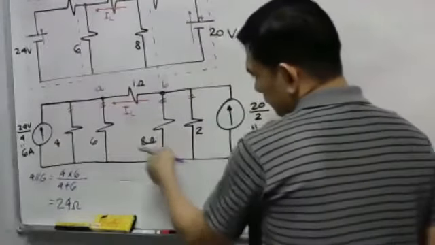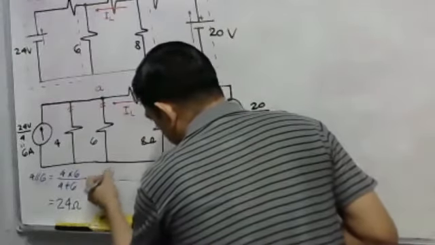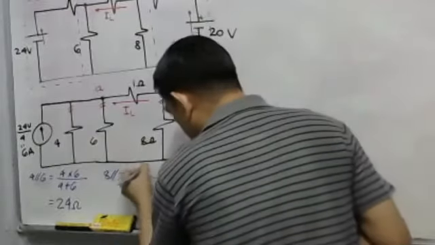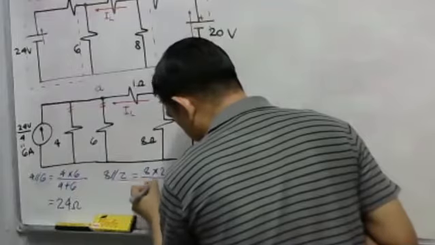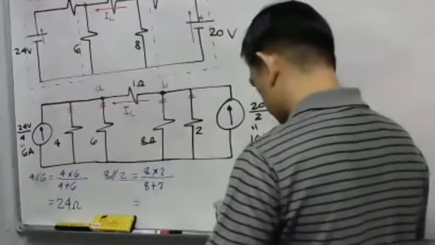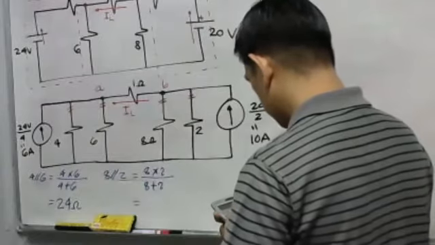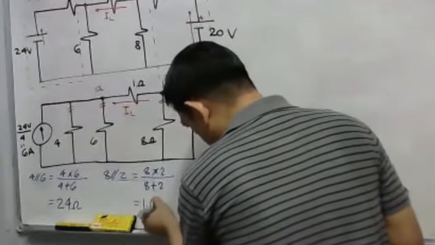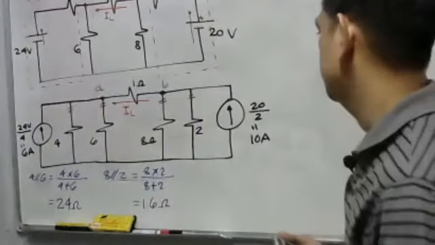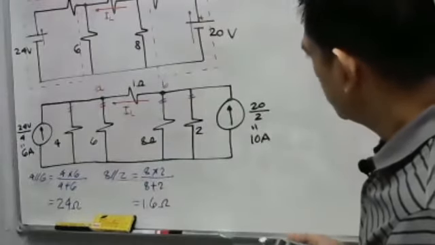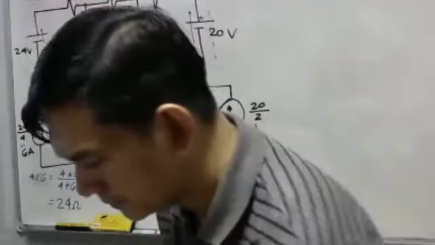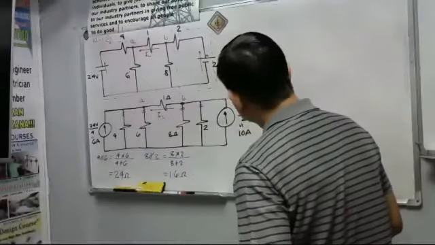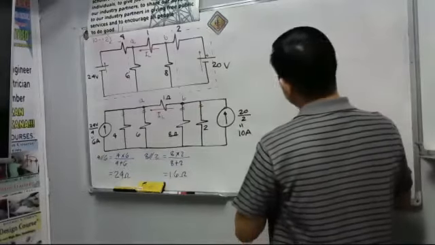The 8 ohm resistor is in parallel with the 2 ohm resistor: 8 times 2 over 8 plus 2, so it is 1.6 ohms. Let us now draw the equivalent circuit. So we have the equivalent circuit here.